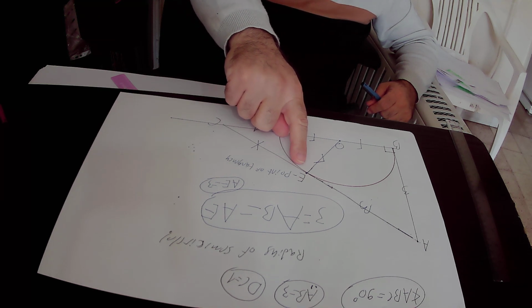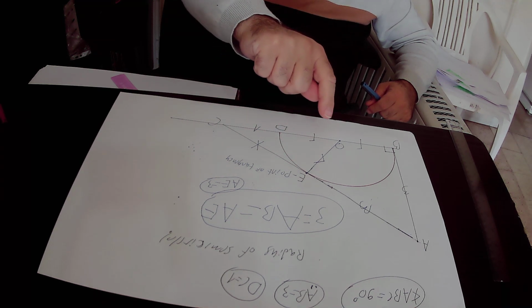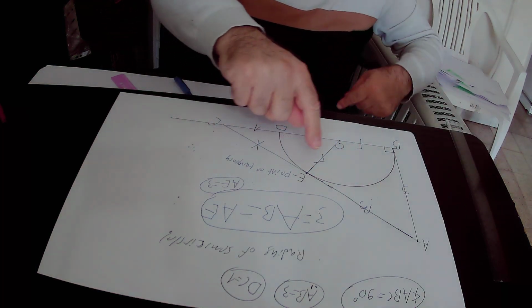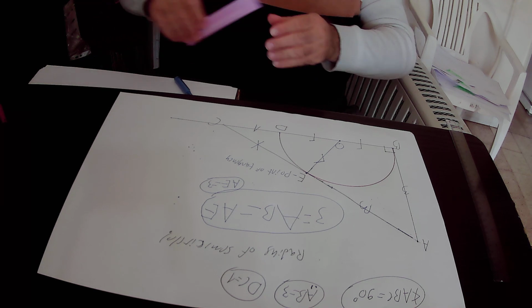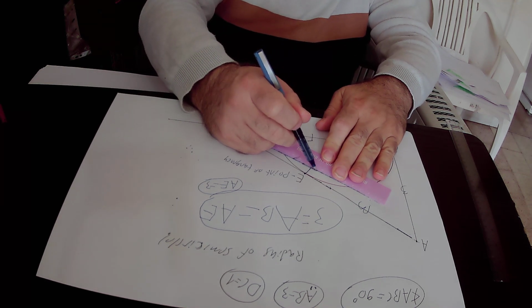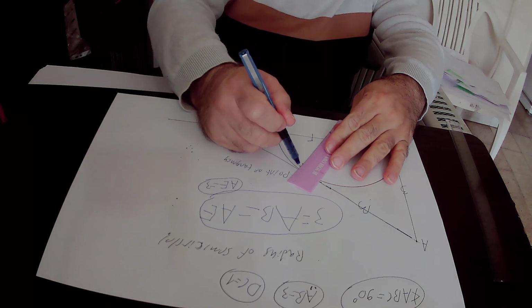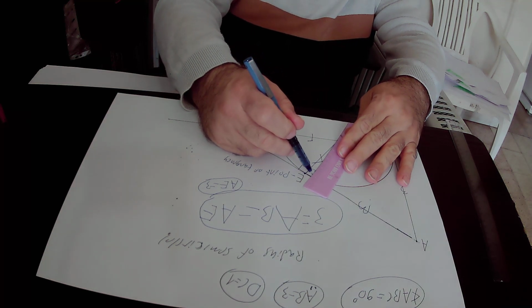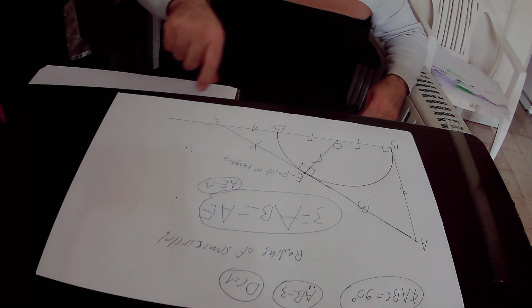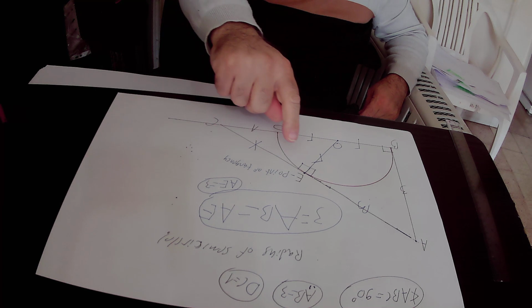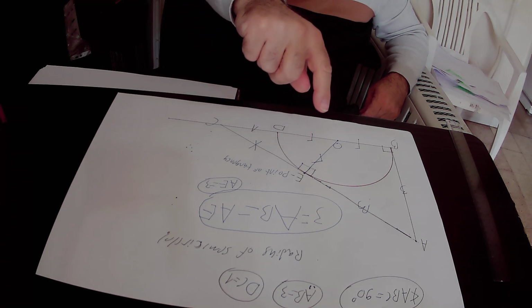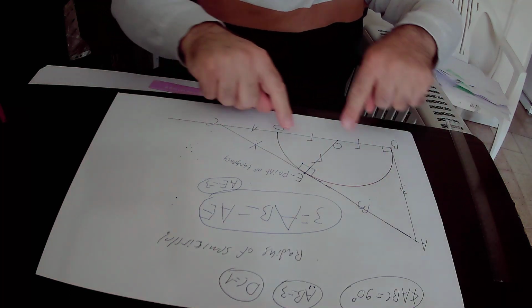Therefore, the tangent AC is perpendicular to this radius.